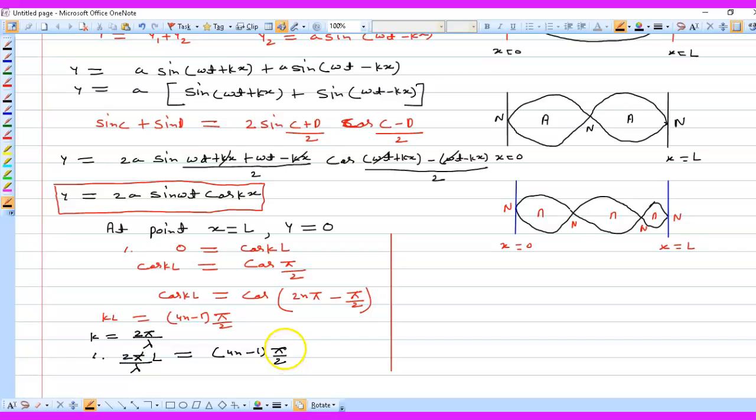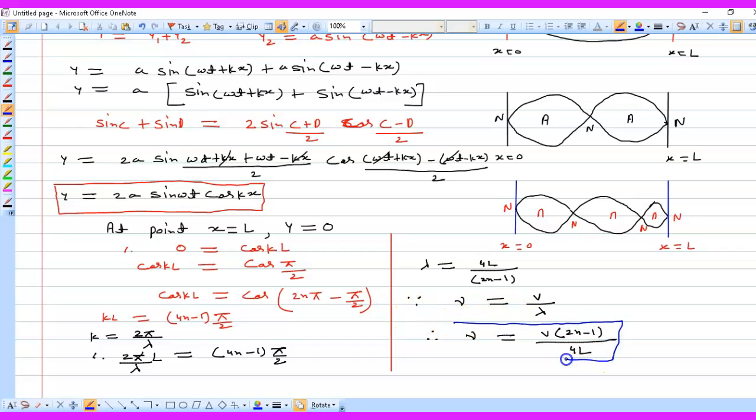Pi cancels out, and therefore lambda is equal to 4L upon (2n minus 1). Since frequency is equal to v upon lambda, frequency is equal to v into (2n minus 1) upon 4L, and this is the frequency of stationary waves.